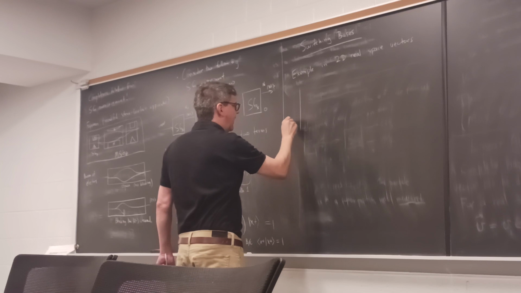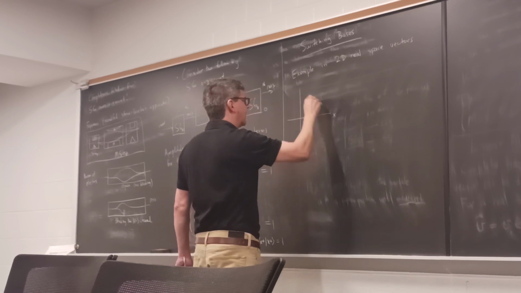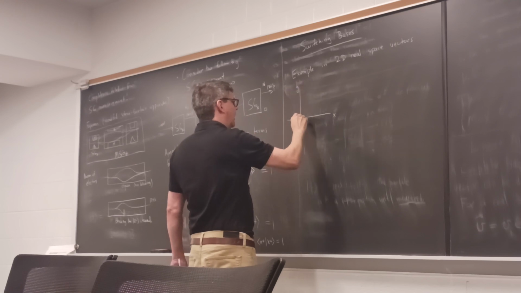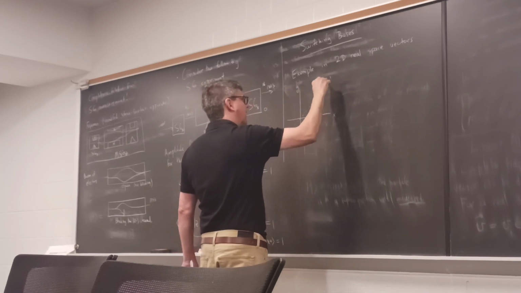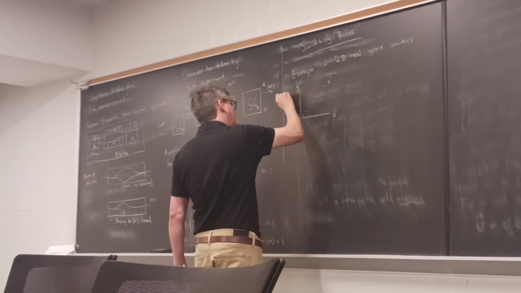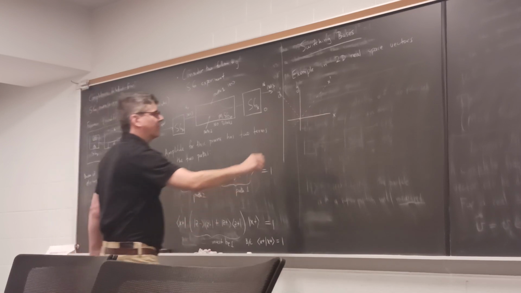So if I have two sets of coordinates, so I can say this is X and Y, and then we could have X prime and Y prime coordinates.